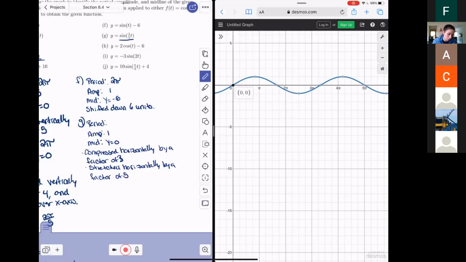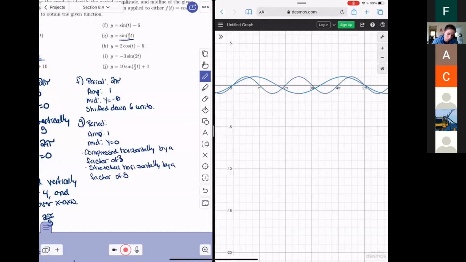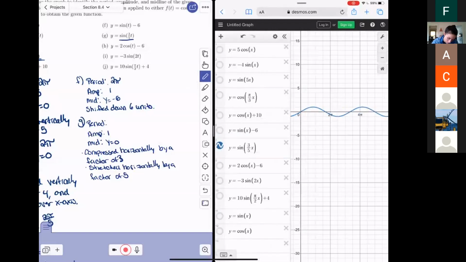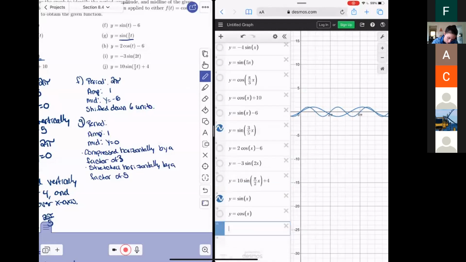So before the transformation occurred, of course they're the same color. Can I change that? There we go. Purple.